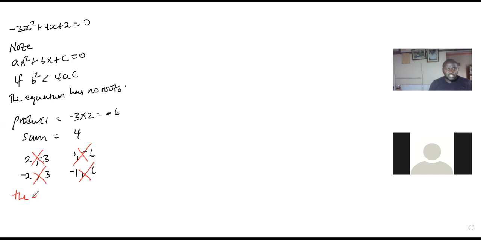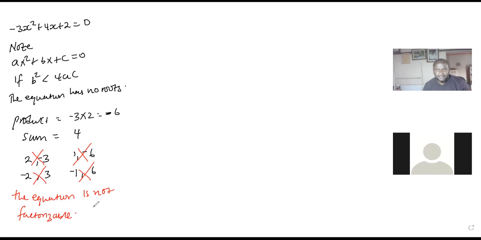So the equation is not factorizable. Not being factorizable does not mean it doesn't have roots. Not having roots means you can't find its real values of x. There's a topic called complex numbers.